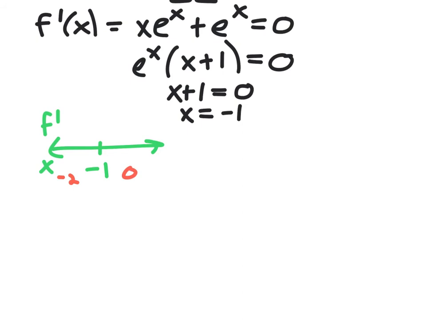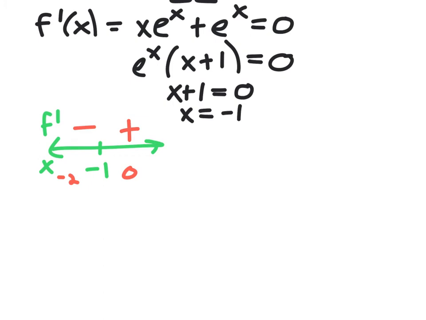If I take negative 2 and plug that into the factored form, e to the negative 2 is a positive number, negative 2 plus 1 is a negative number, so the overall sign for f prime would be negative. If I take 0 and plug it into the factored form of f prime, well, e to the 0 is positive, 0 plus 1 is positive, so then at 0, f prime is positive.